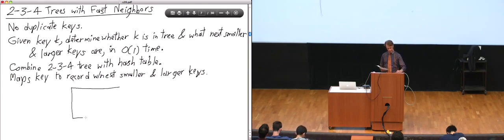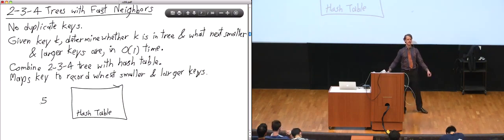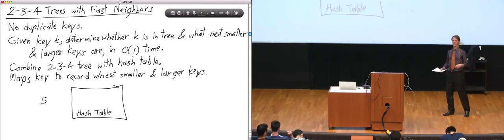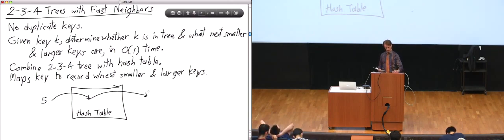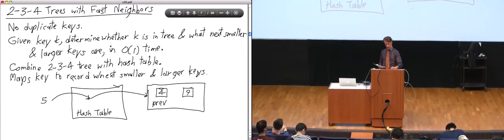So, if I may draw this, here's a hash table. If the number 5 is in the tree and the next smaller key is a 4 and the next bigger key is a 9, then let's store a record that's associated with the key 5, and the record actually says the next smaller neighbor is a 4, and the next larger neighbor is a 9.